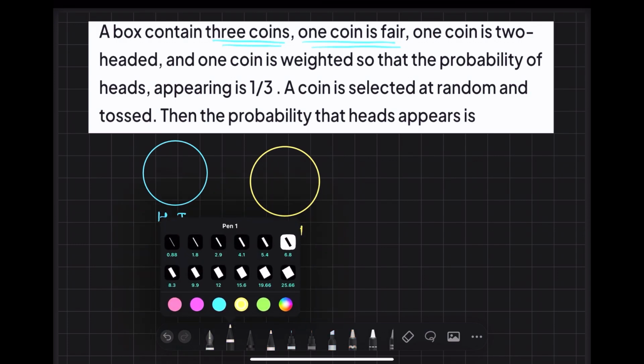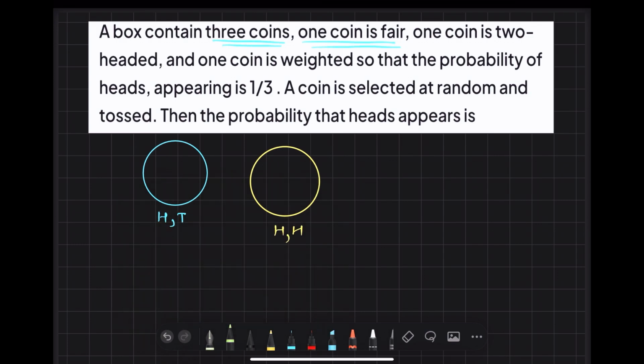Okay, then we have one coin which is weighted. Weighted means one of the sides has more weight. So its probability will change. It is not 1 by 2. The probability of head appearing is 1 by 3. So this is your weighted coin.